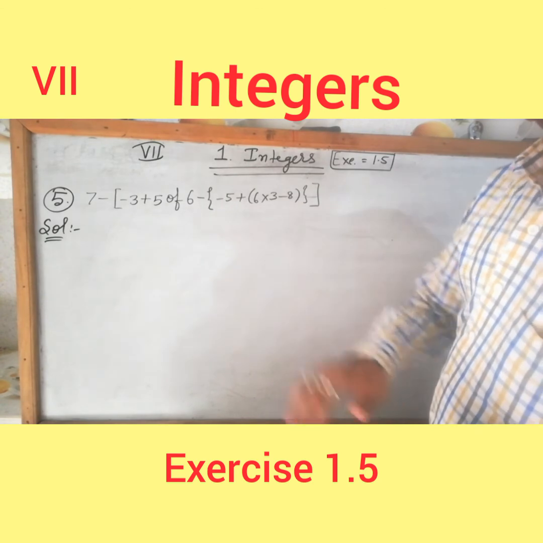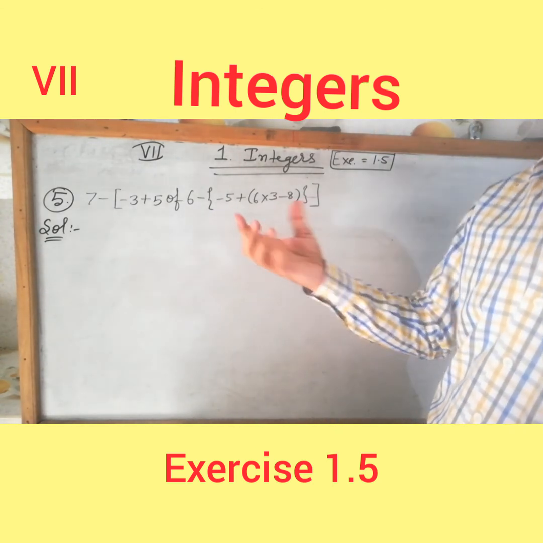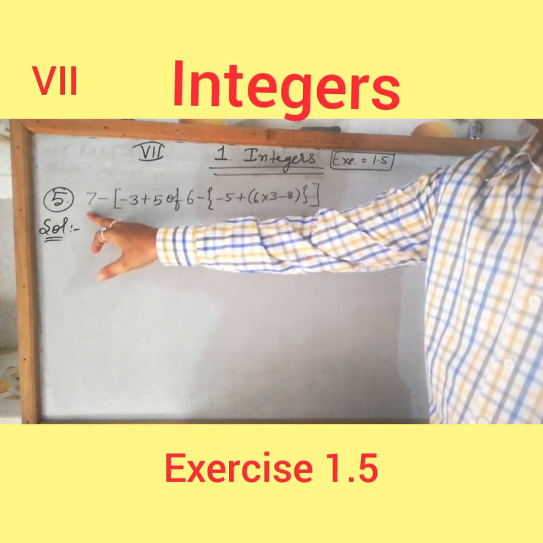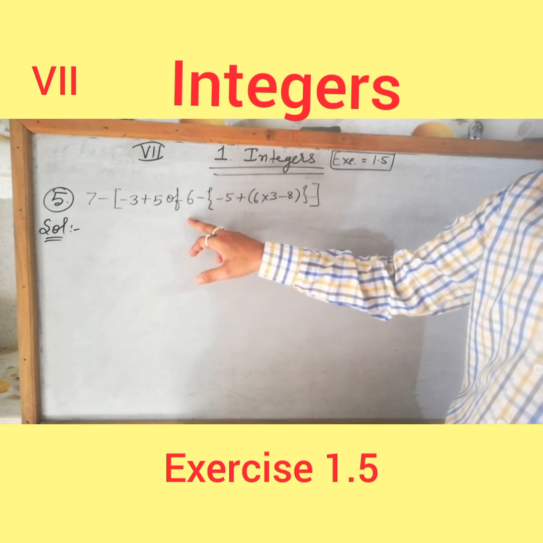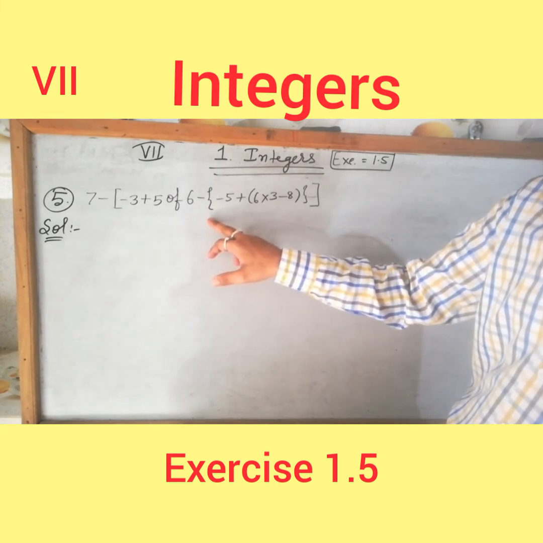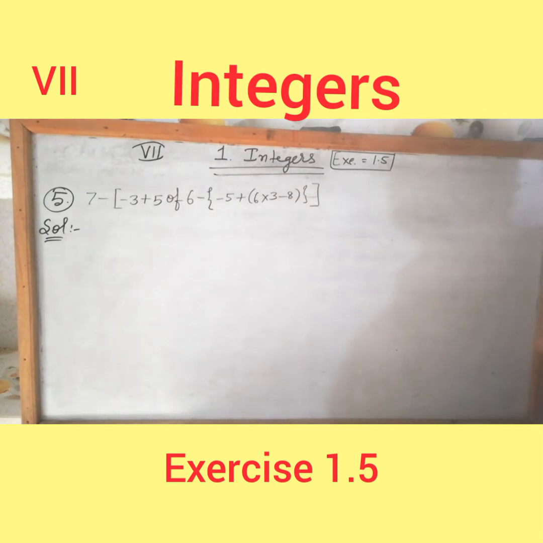Now we are moving to question number 7. First check what is written. We have to simplify: 7 minus big bracket, minus 3 plus 5 of 6 minus curly bracket, minus 5 plus small bracket, 6 multiplied by 3 minus 8, and all brackets are closed.